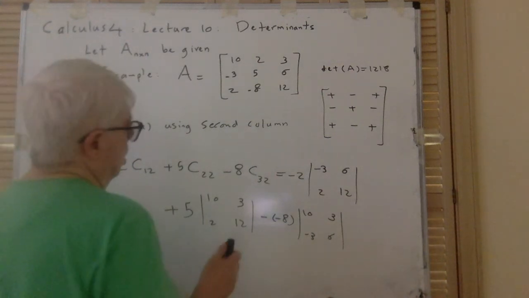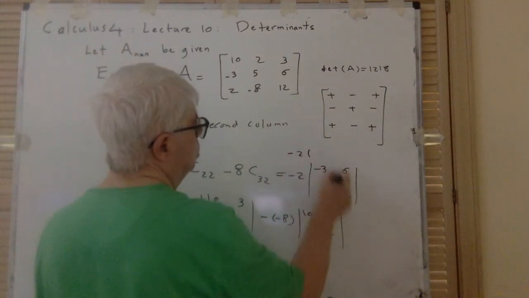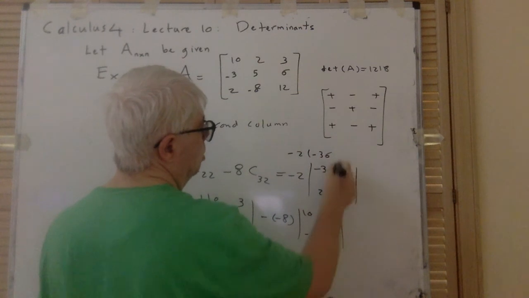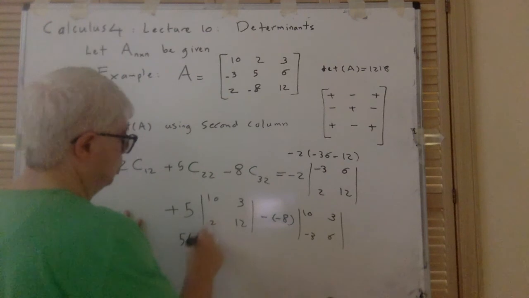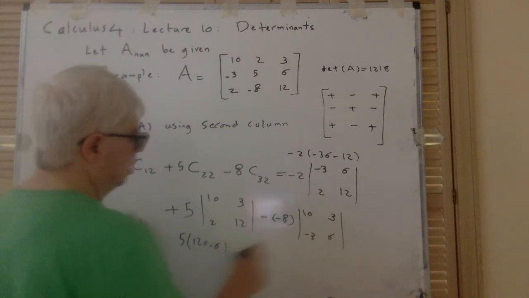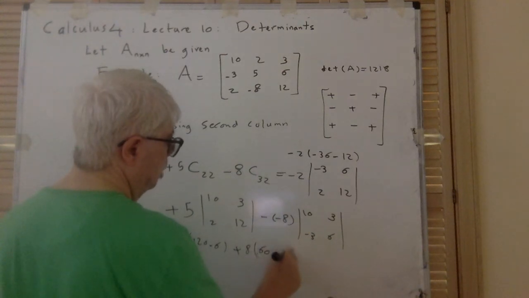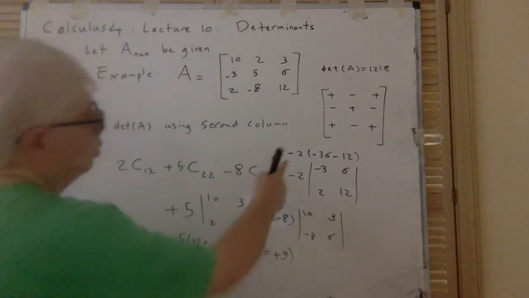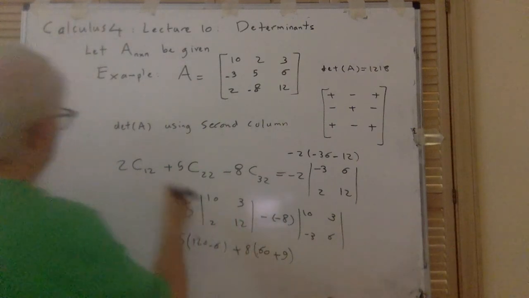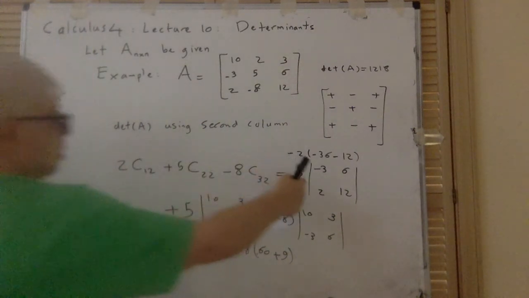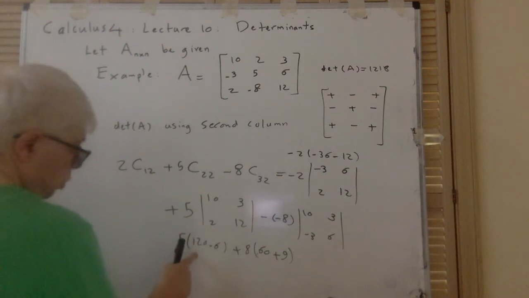So, okay, let's see. This is minus 2 times minus 36 and minus 12. This one is 5 times 120 minus 6. This is 8 times 60 plus 9. Okay, so this one is 48, that's 96. So let me write it somewhere. So I have a 96 here. This one is 114, is it 114 times 5?